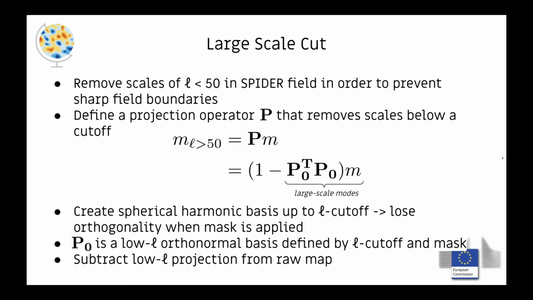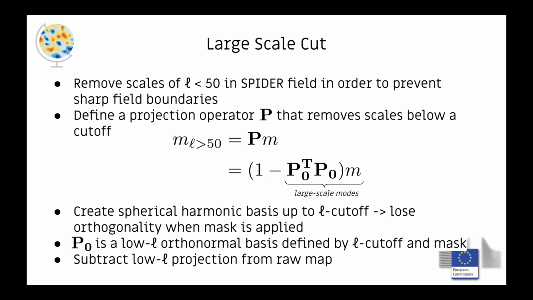And in order to project out modes, we need basis functions. Typically you would use spherical harmonic basis functions, but when you apply a mask, these are not orthogonal anymore, so you can't use them as basis functions anymore. So you need to create a new orthogonal basis with a certain cutoff and on the mask. And this is done by applying eigenvalue decomposition.